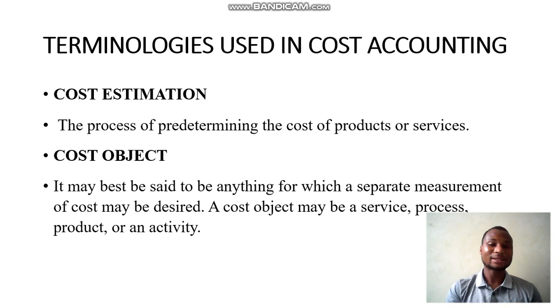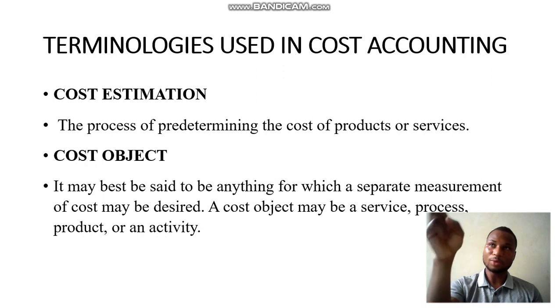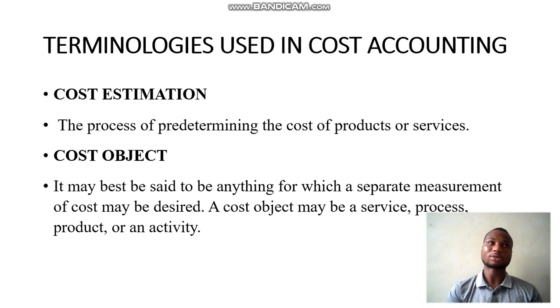So anything for which a separate measurement of costs may be required is a cost object. We need to ascertain the costs on it. If you want to measure the cost on you as a person, you become the cost object. Are you following that? We want to ascertain your cost separate from the other costs we are determining. So that's the cost object.